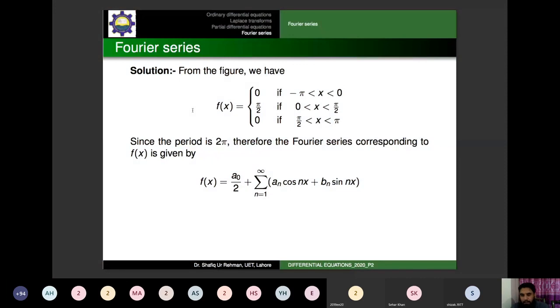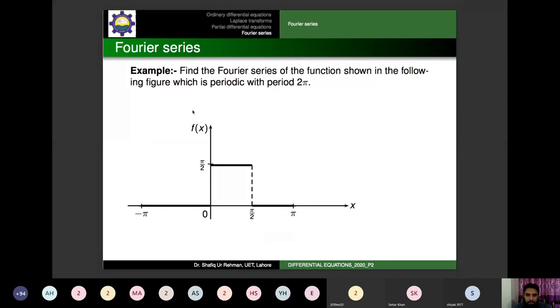We have seen the previous example where the expression was given and we plotted the geometry and then the periodic extension over the period 2 pi. In this case, it's the other way around. The graph is given from the graphical representation from geometry.